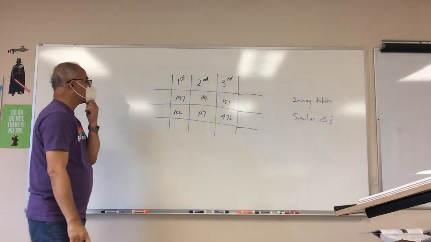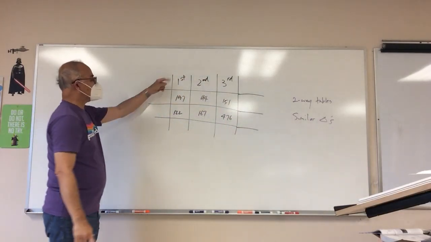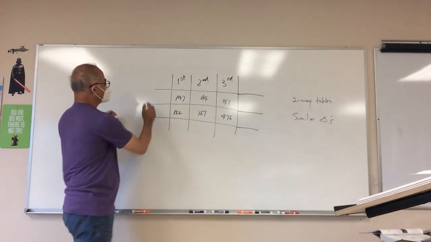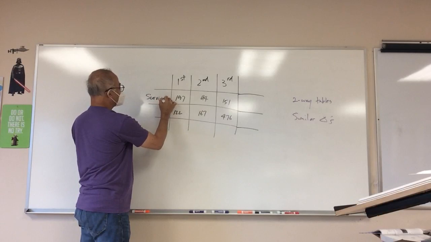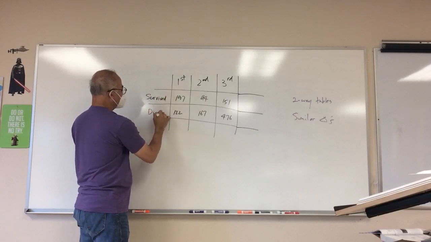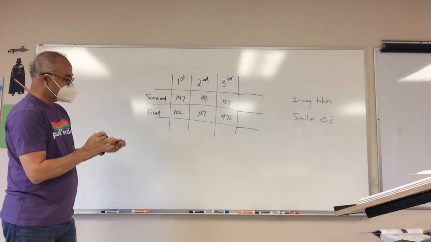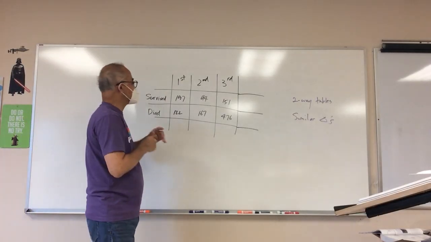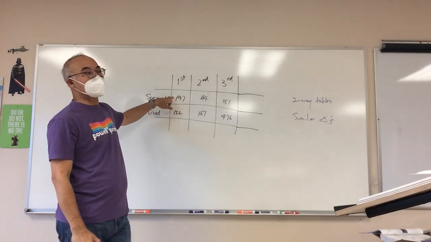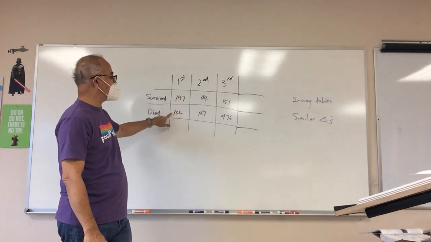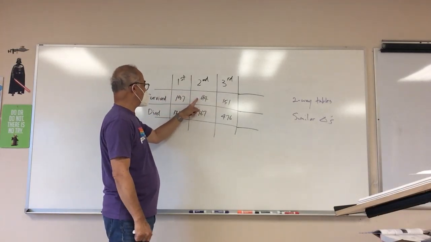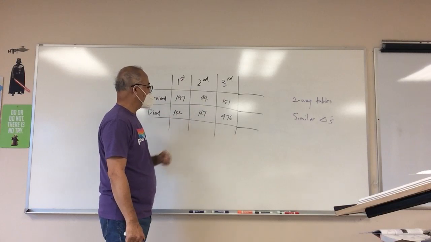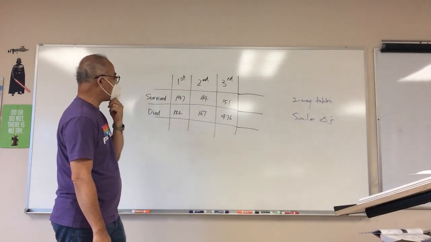So, first class. You survived, died. If you're in first class, 197 survived, 122 died. Second class, 94 people survived, 167 people died.